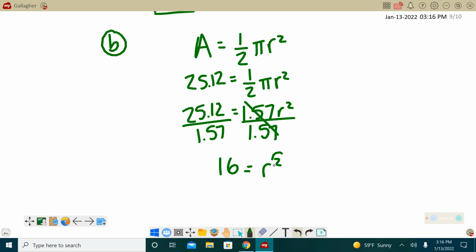Remember, squared means that we are multiplying a number by itself. So which number can I multiply by itself and get 16? And so r must be 4, because 4 times 4 is 16. The radius in this problem is 4.